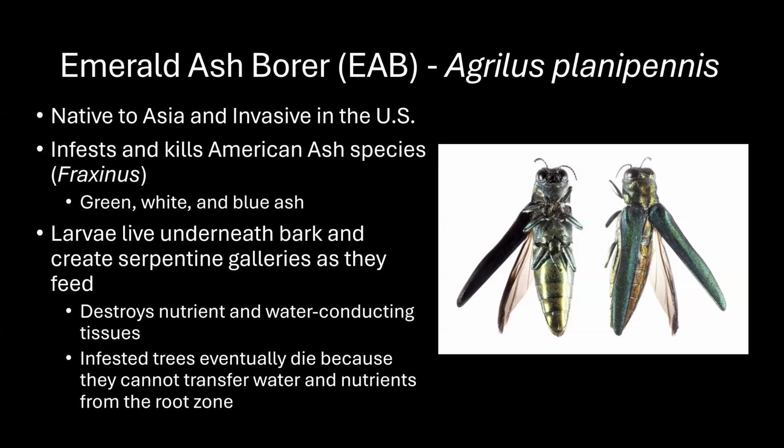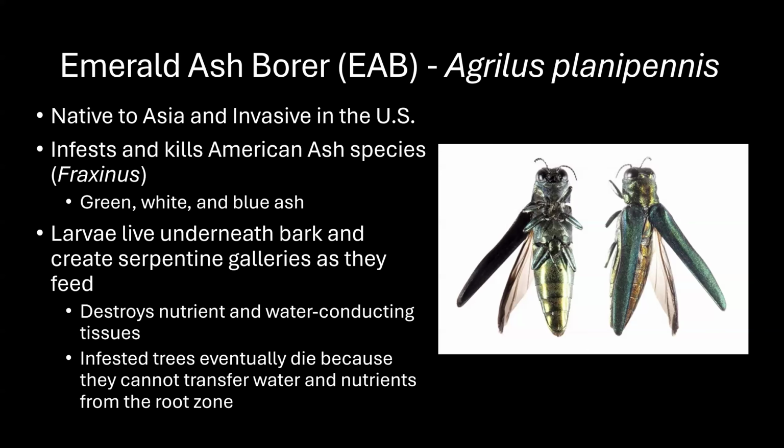And it kills them because it is a wood-boring insect, meaning that the larvae tunnel their way through the wood, through the tissue, and basically are eating the tree from the inside. That sounds awful to say, but it's true. They create these little serpentine tunnels under the bark, and they're destroying and eating up all of those necessary tissues that help to transfer nutrients and water from the roots to the rest of the plant.